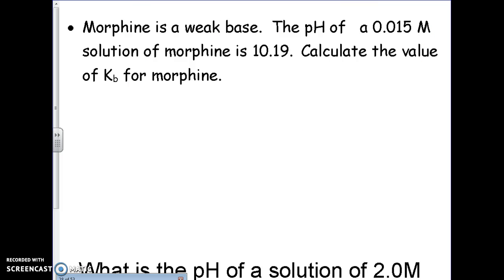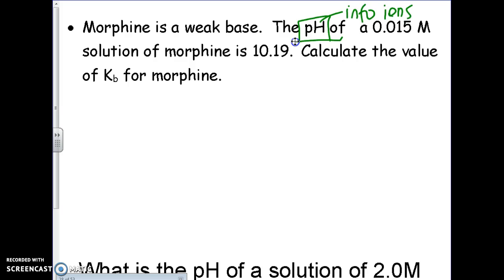For this example, we're not starting off with the same types of information. We were first given morphine as a weak base. We're given the fact that we have 0.015 molar of morphine, but we're given the pH already. So if you think about it, what is pH really giving us? This is going to be giving us information about ions.